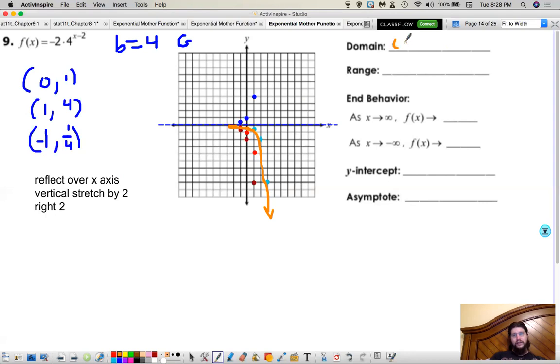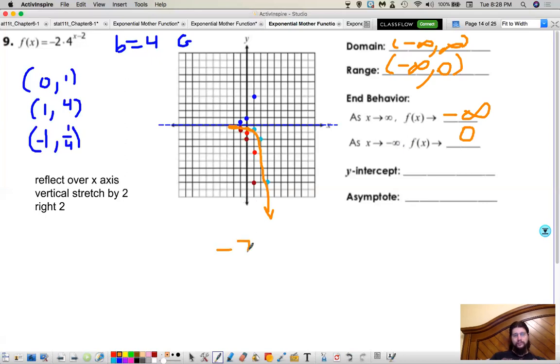Domain, that doesn't change. Range, what's the lowest value I've got? This time it's -infinity. I reflected it, right? It goes all the way up until 0. So as x gets really big, y gets really, really tiny. Okay. As x gets really, really tiny, y goes towards 0.